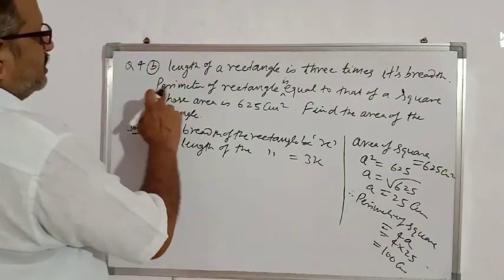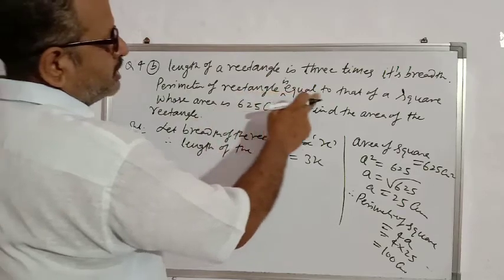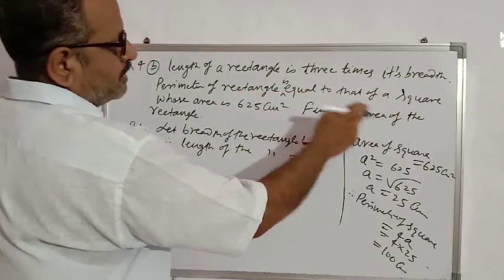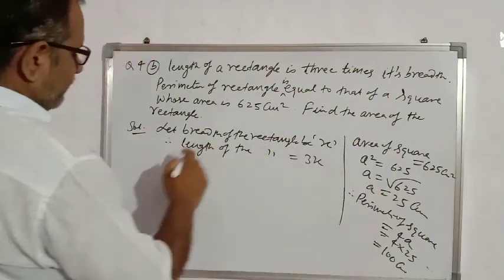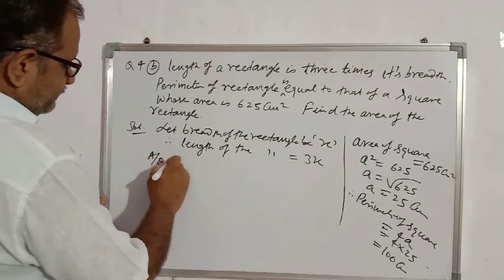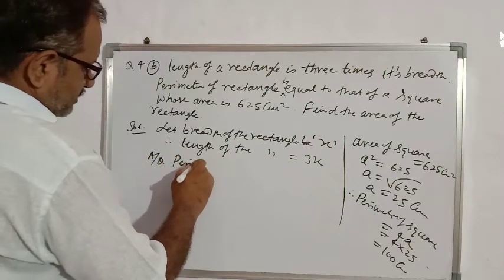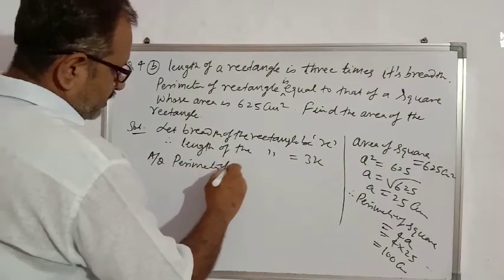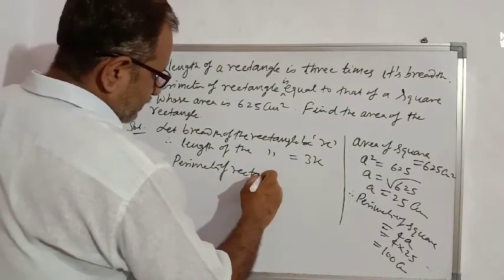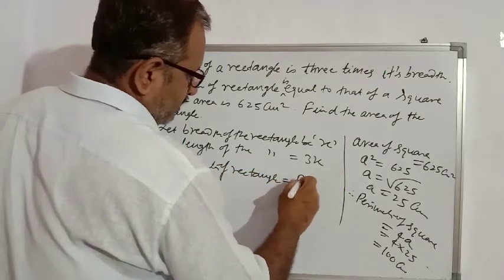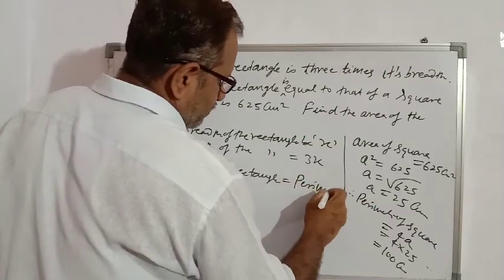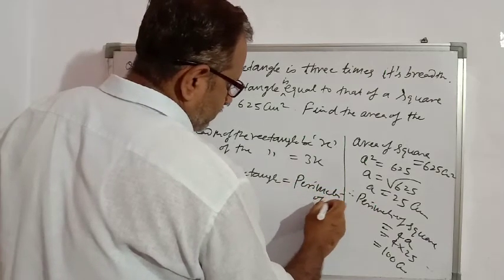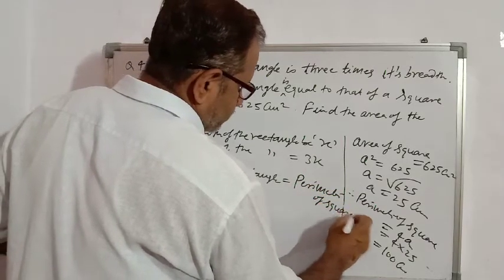Now read the question. The perimeter of the rectangle is equal to that of the square. So according to the question, perimeter of rectangle is equal to perimeter of square.